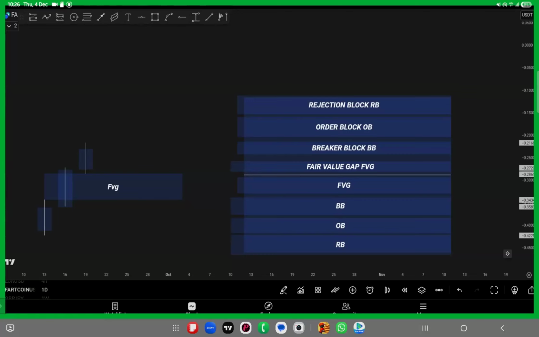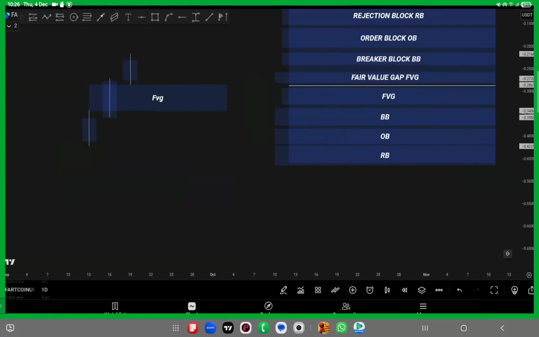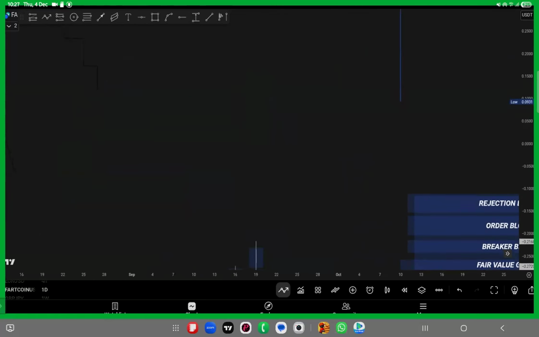So let's take for instance, we have a downward trend. All right, and now at this particular spot, the market pushes to the upside.